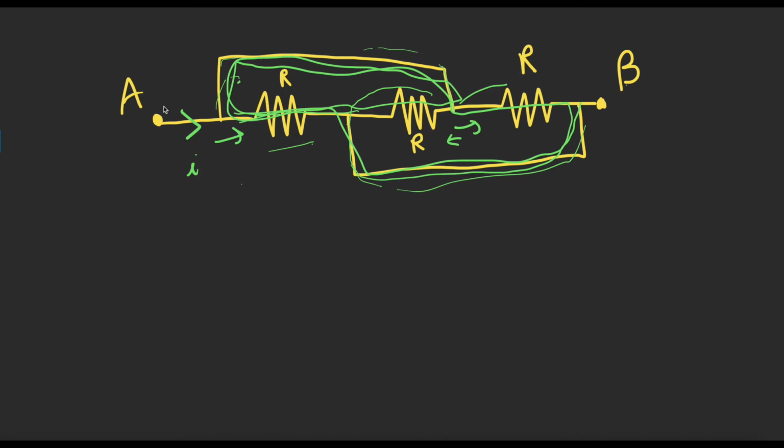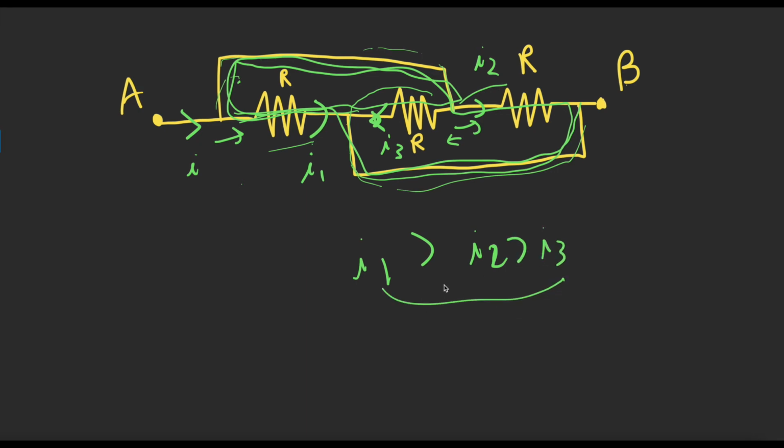So well, now let's say that current I1 passes through here, I2 over here, and I3 over here. Now we can't say that I1 is greater than I2 is greater than I3 or any particular order, right? Because these are all perfectly symmetrical.